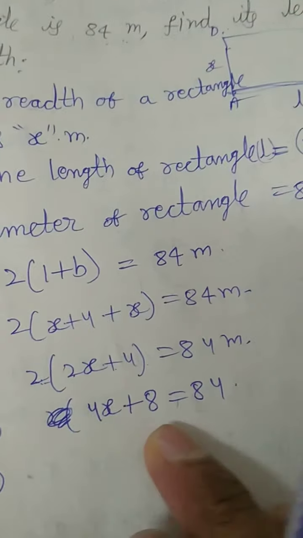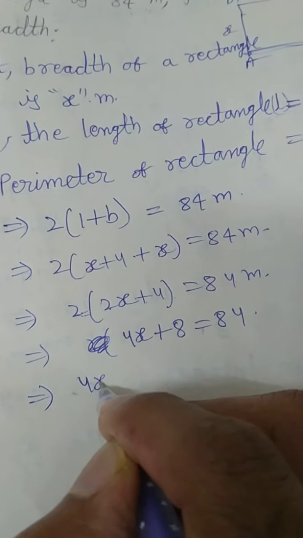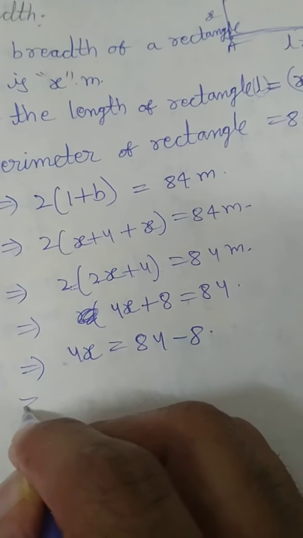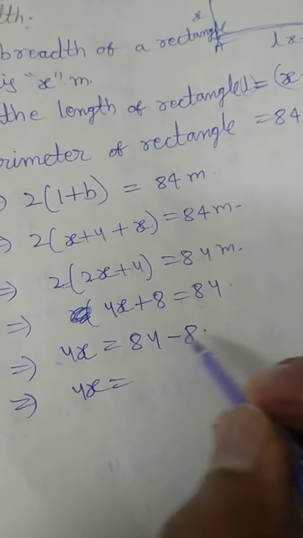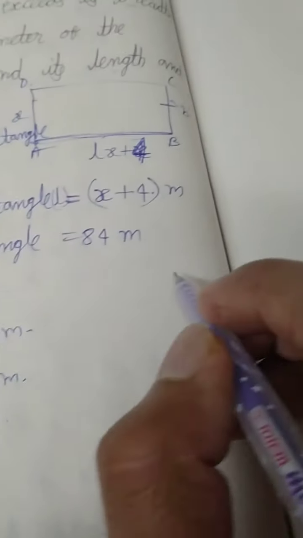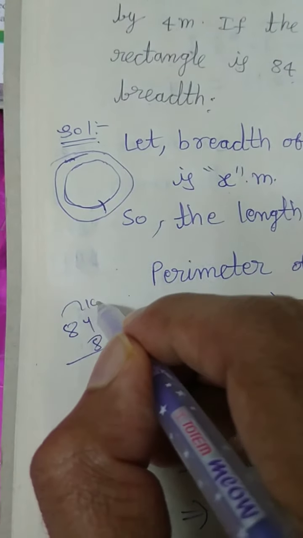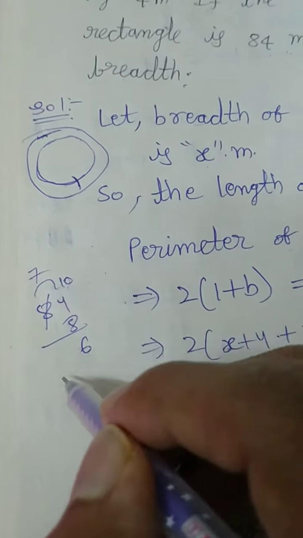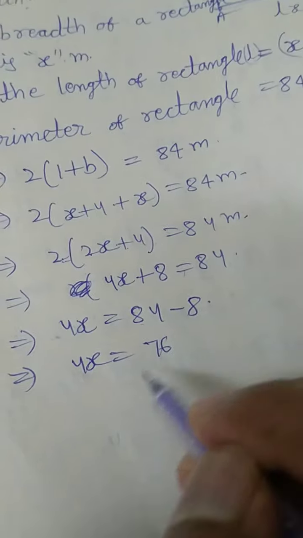We got an equation, so we should transpose plus 8 to the other side. So 4x equals 84 minus 8. If you don't know what 84 minus 8 is, you can do it in your rough work, children. Borrow 10, 14 minus 8 is 6, and 7 comes, so 76 is the answer.